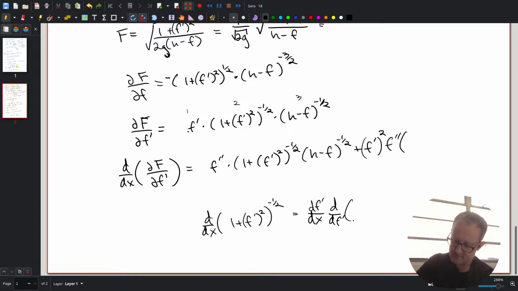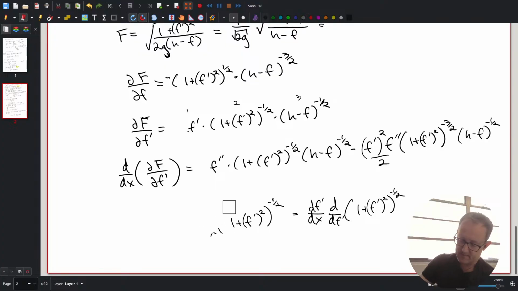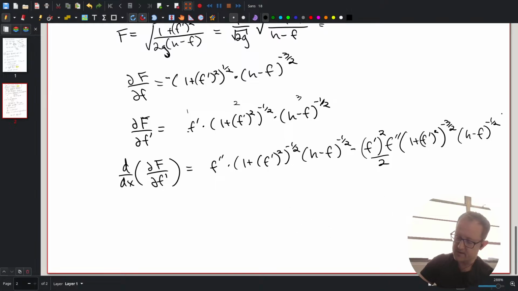So then we should have a negative 1/2. So this becomes a negative, divide that by 2, and then 1 plus f prime squared to the negative 3 over 2. And all that, I still leave this h minus f to the negative 1/2 in there. I'm just going to remove this so I can do the last one.